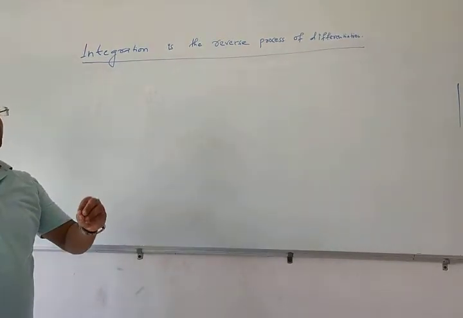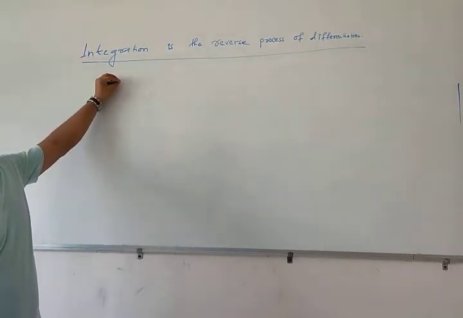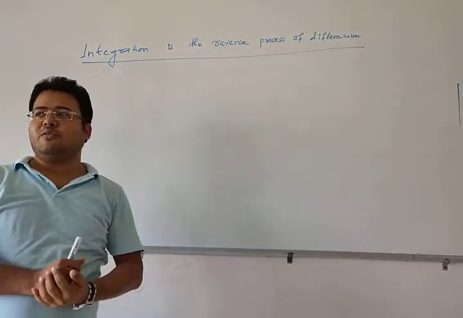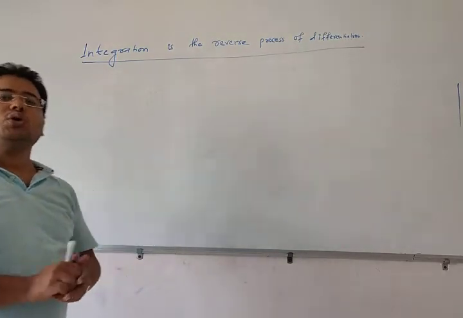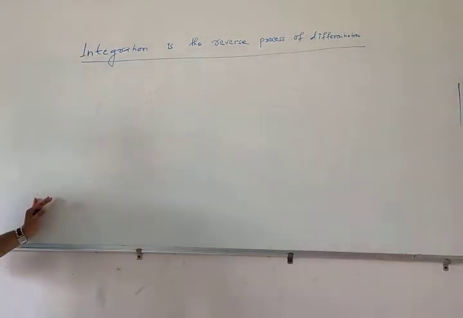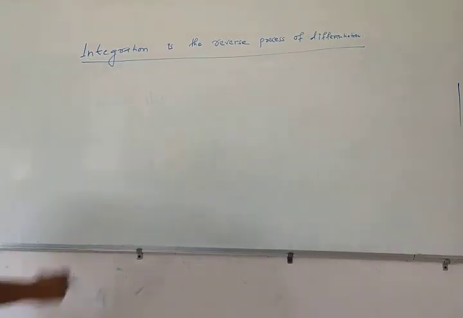And the basis to write the formulae of indefinite integration is that integration is the reverse process of differentiation. So you can see this and analyze how integration is the reverse process of differentiation.